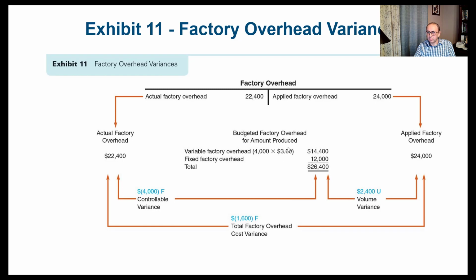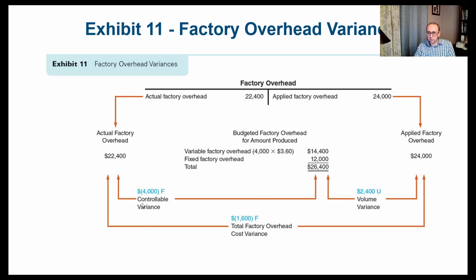So 4,000 multiplied by $3.60, that's 14,400, and we have the fixed factory overhead. That's a fixed amount, it's not going to change. That's 12,000, for a total of 26,400. So the difference between the actual factory overhead and the budgeted factory overhead for amount produced is about $4,000, and that's favorable, and that's what we call the controllable variance.